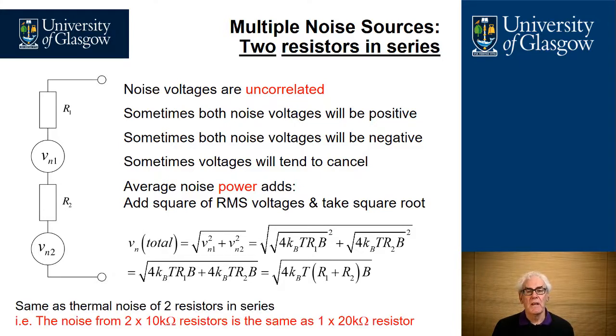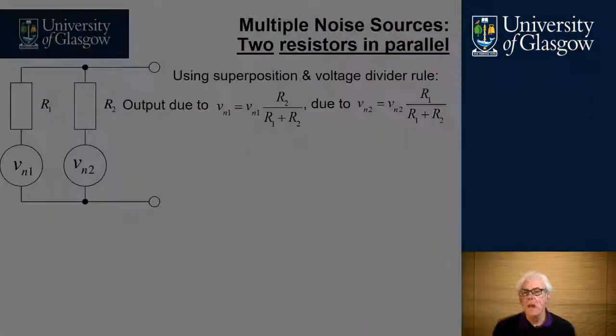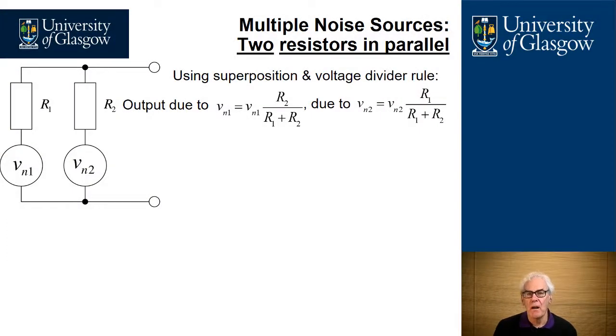This is effectively the same as two resistors in series. What that's really saying is the noise from two 10k resistors in series is exactly the same as one 20k resistor. Now let's look at the same resistors in parallel.